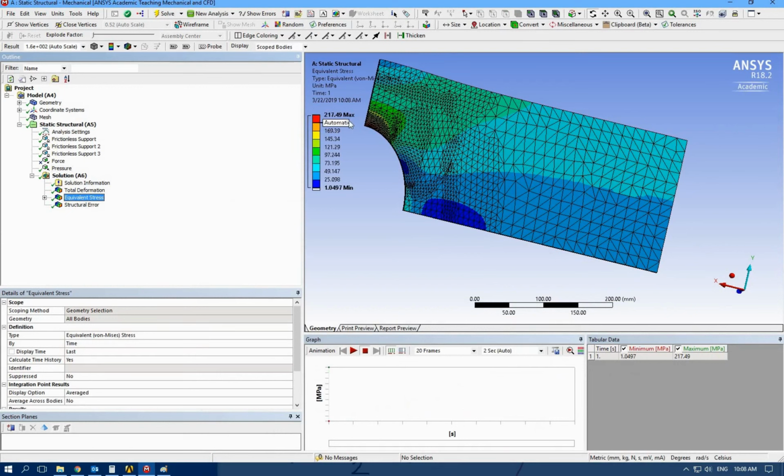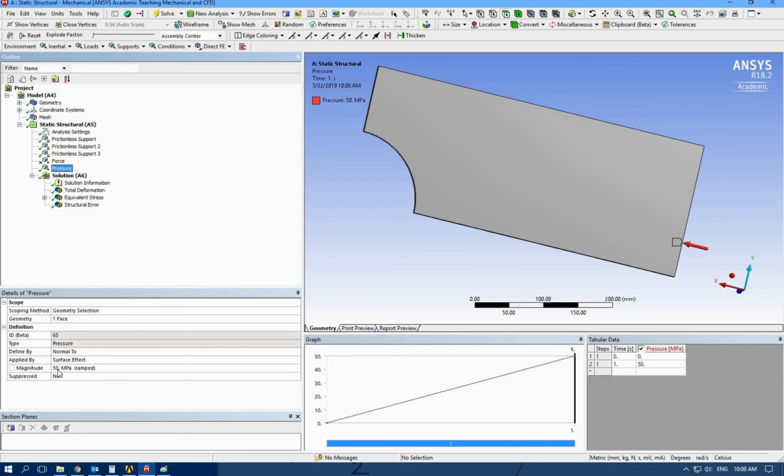This time stress is 217 and the minimum is 0. Now, because this is fully reversed stress, I applied a positive force, which is toward the inside once. The other case is going to be negative 50, so I need to calculate stress for the other direction.